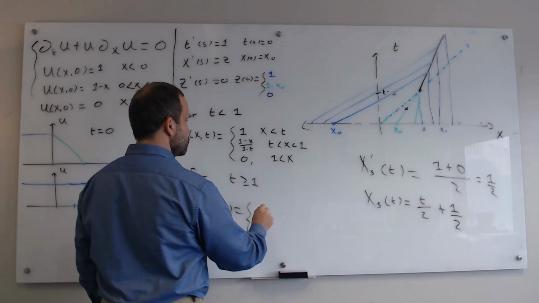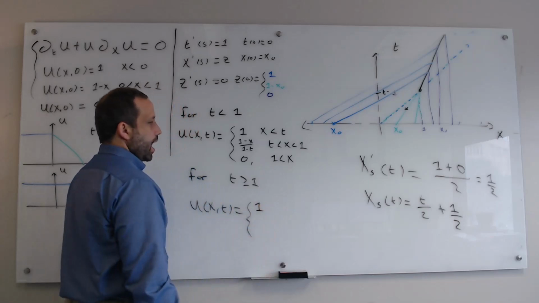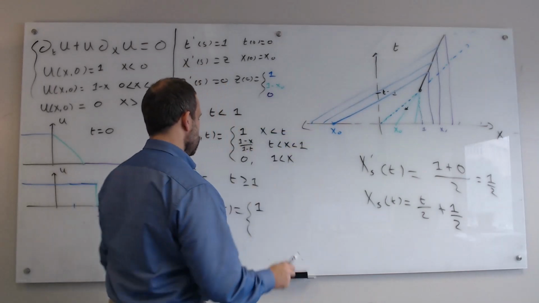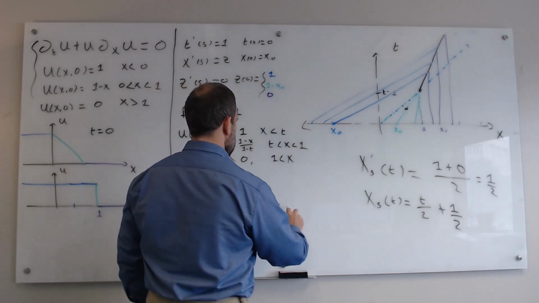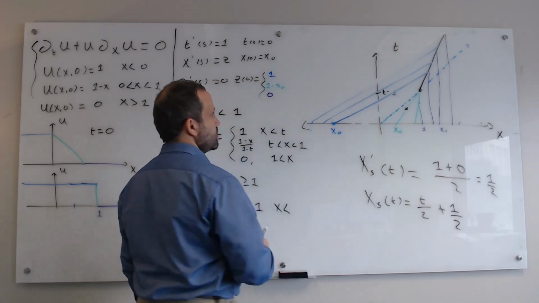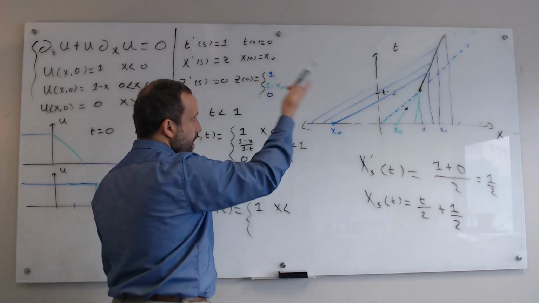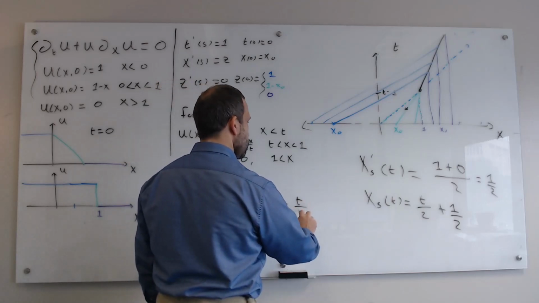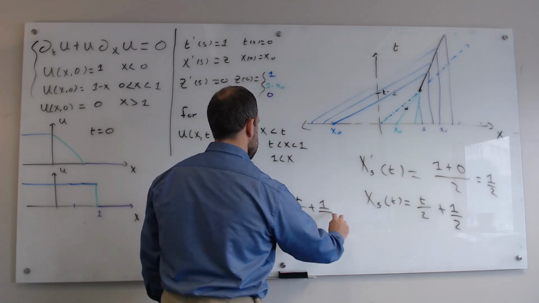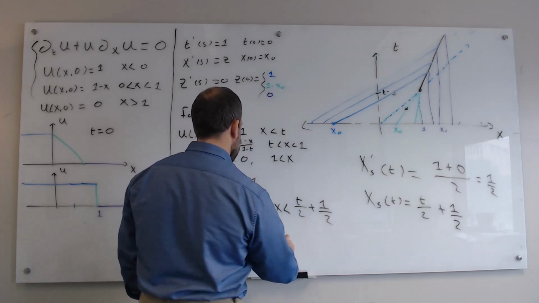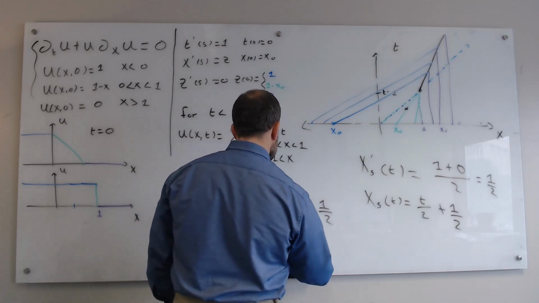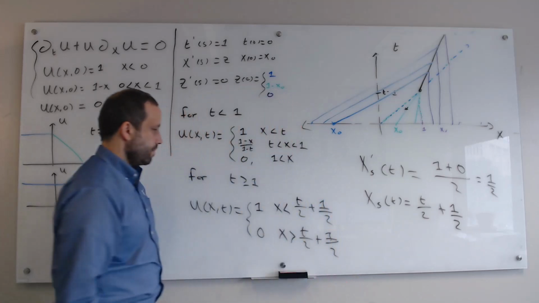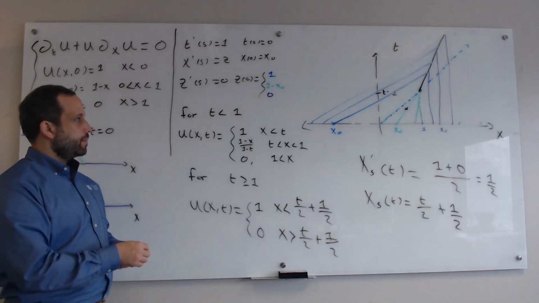So it's going to be equal to 1 if we're to the left of the black line, in other words, if x is less than t over 2 plus 1/2, and it's going to be 0 if x is greater than t over 2 plus 1/2. Okay, and this is the complete solution to this problem.